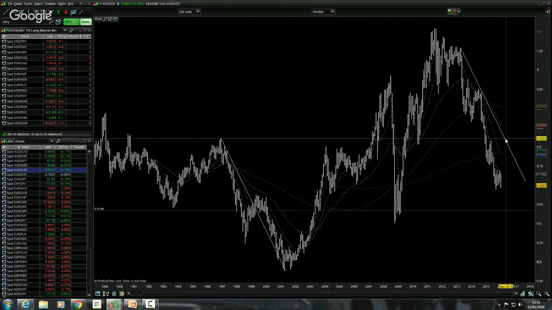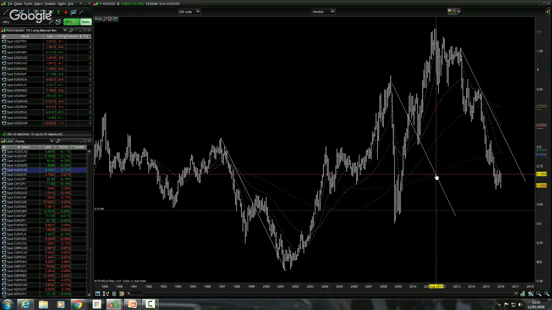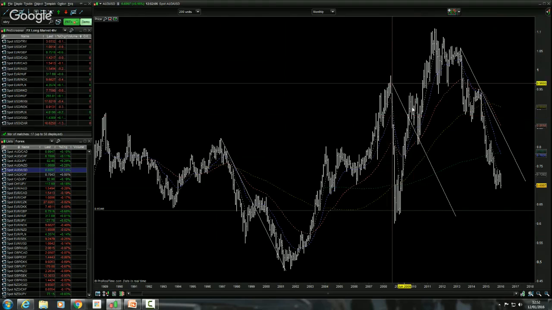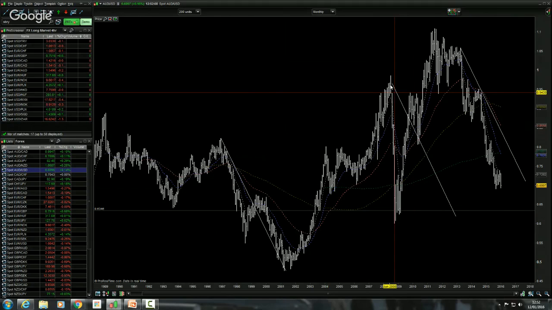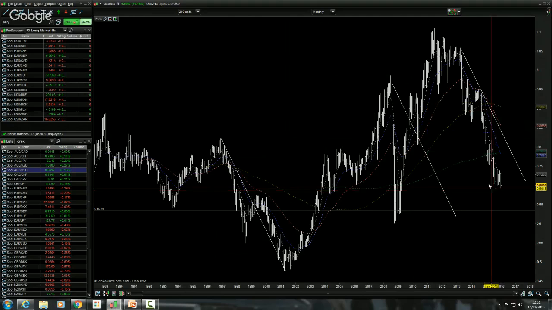So we're actually at that point now. So this will be an interesting level. From the 2008 crash, we printed a very similar style of retracement, and we're experiencing that now as well. So let's see how Aussie reacts at those levels.